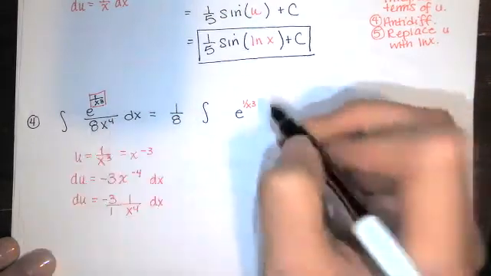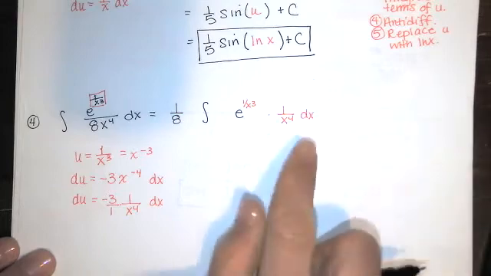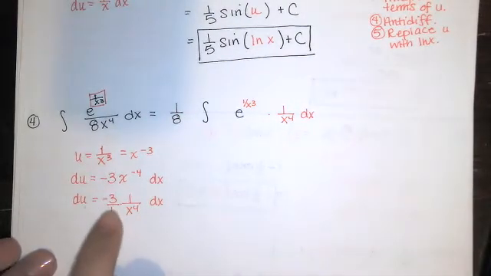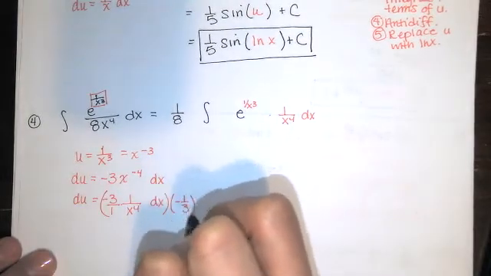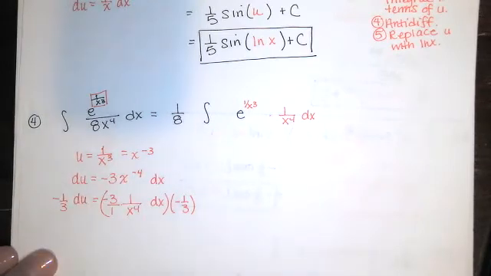And that x to the 4th can be factored out as a 1/x to the 4th dx, and I'll just substitute the 1 over x to the 4th instead. So to get rid of that -3, I'll divide both sides by -3, or alternatively, multiply both sides by -1/3. It's the same thing. So I have -1/3 du is 1 over x to the 4th dx.